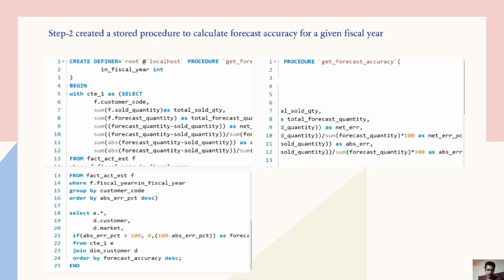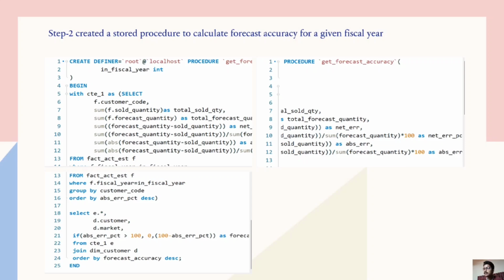First of all, we need to understand some important terms for the supply chain. First is the net error, which can be calculated by subtracting the forecast quantity from the actual sold quantity. Then the net error percentage, which is the total net error upon total forecast quantity.